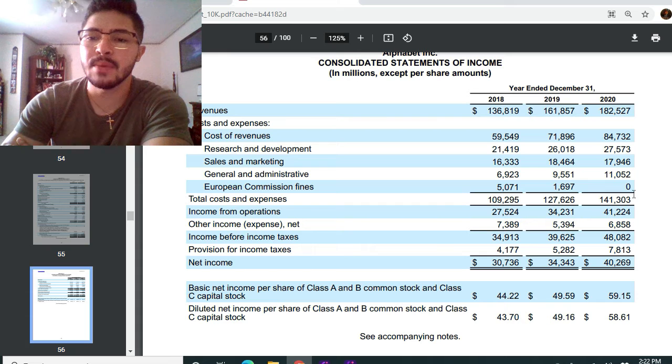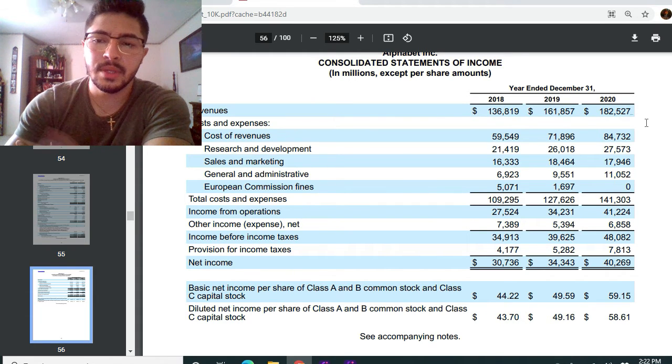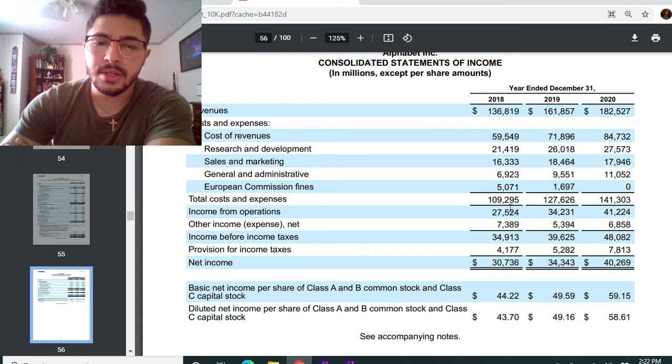But at the same time, you have to consider that they've made more sales, so in doing that, they have also made more expenses. So this following line is actually the difference of their revenues minus their total costs and expenses.